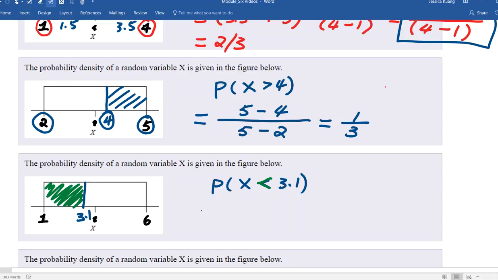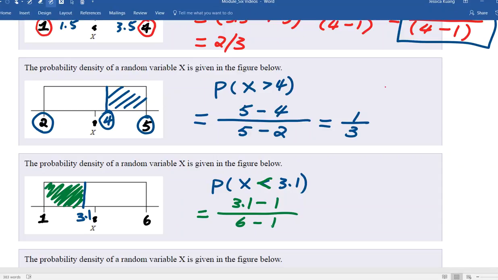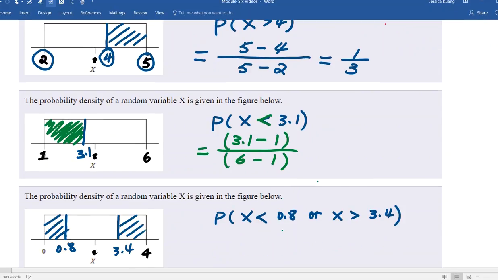Now once we know that, all we have to do is subtract the lower bound from the upper bound within that shaded rectangle. And downstairs, I have the difference between the upper bound and lower bound of that larger rectangle. And you could punch this expression into your graphing calculator. Don't forget the parentheses. And you should have your answer.